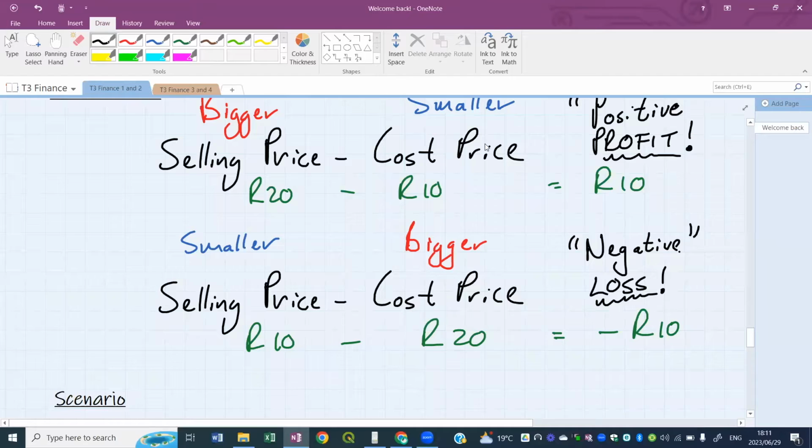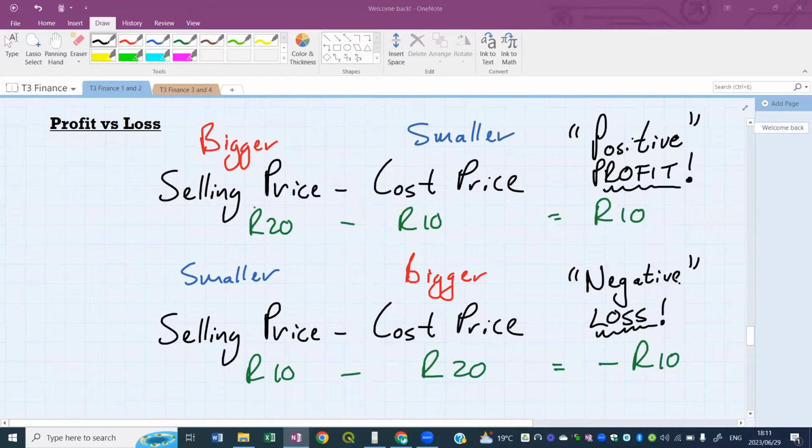Okay, so I'll go over it one more time. We are always trying to work out the selling price minus the cost price to find what is the difference, okay? But when we find that the difference is positive, all right? When you take your selling price, say it's 20, and you minus your cost price, say it's 10, and you see that your answer is positive, it's a positive 10, all right? You're making profit.